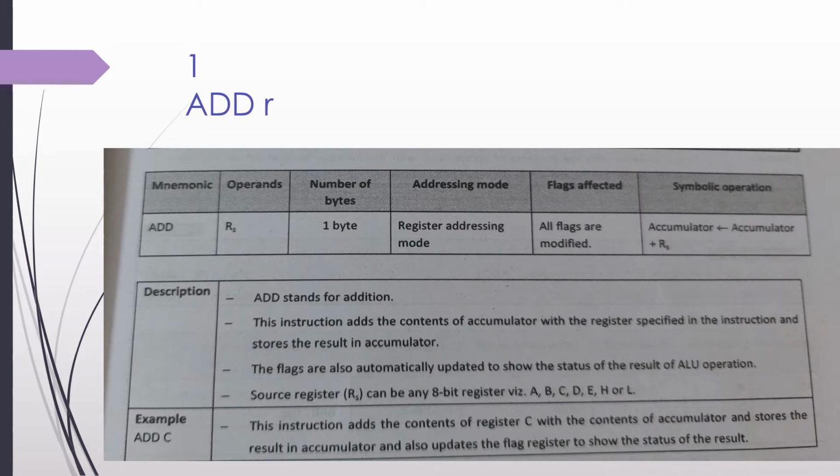If you write ADD B, it is going to add the accumulator with the B register. The addition of the two is placed back in the accumulator. The example taken over here is ADD C, which means you are adding the contents of the accumulator to the contents of the C register, and the result is stored back in the accumulator.